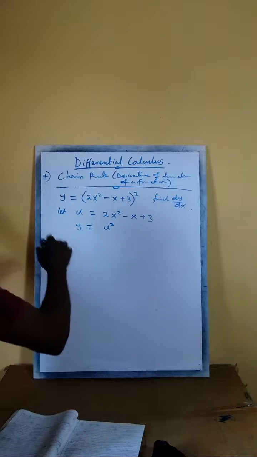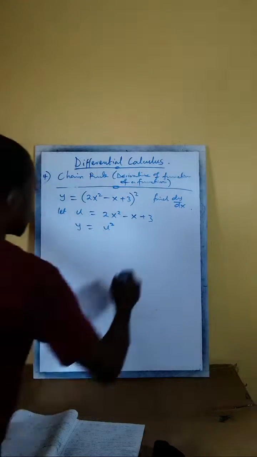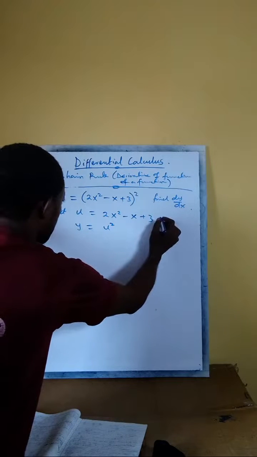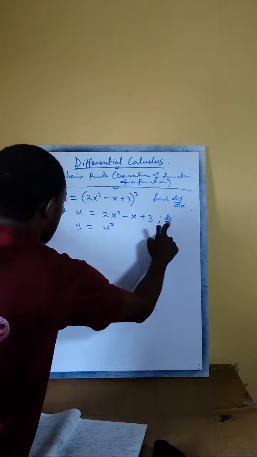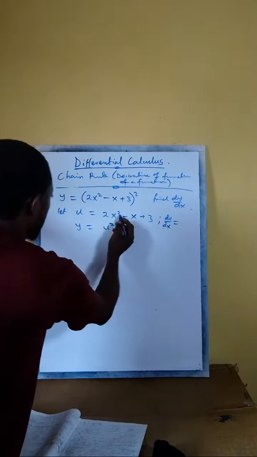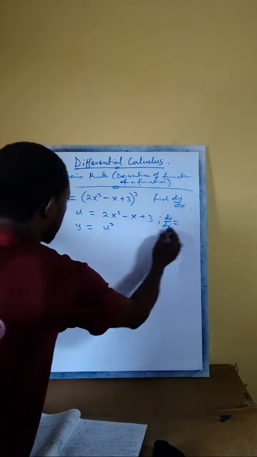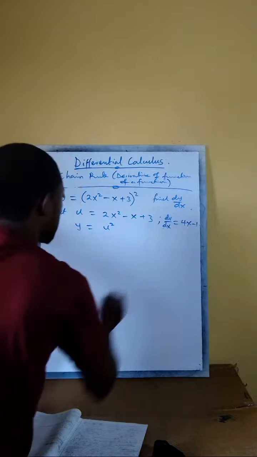That means y is a function of a function. Then we can differentiate u with respect to x. So du/dx becomes 4x minus 1.